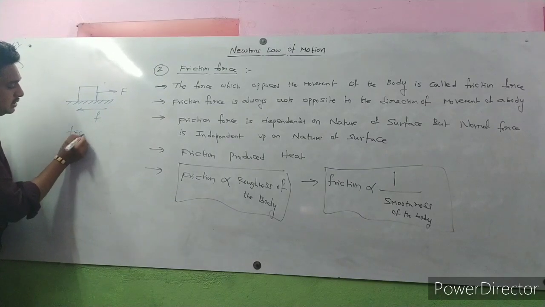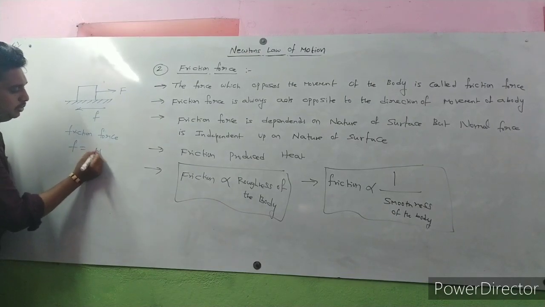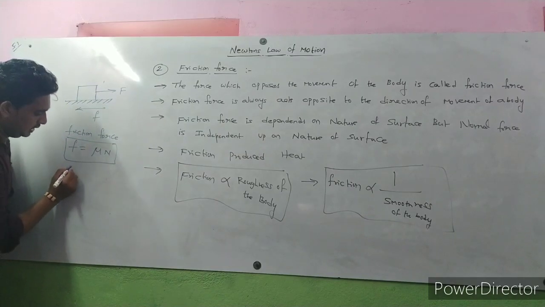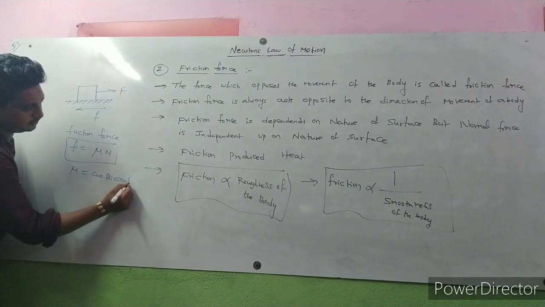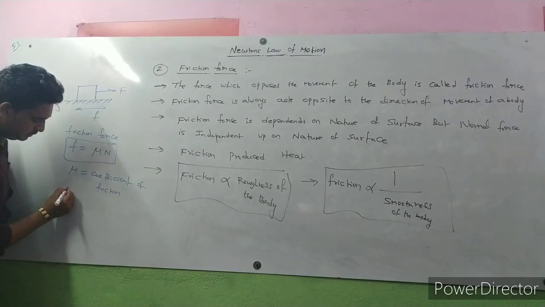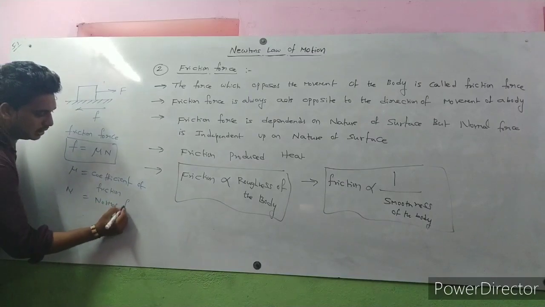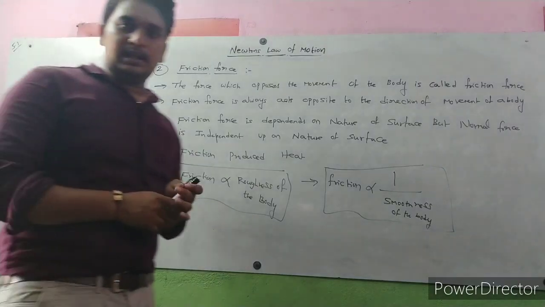This friction force F is equal to mu into N. Here mu means coefficient of friction, and N means normal force.